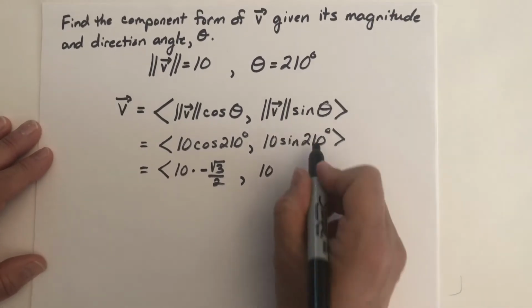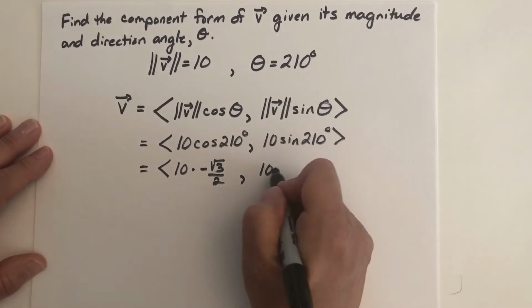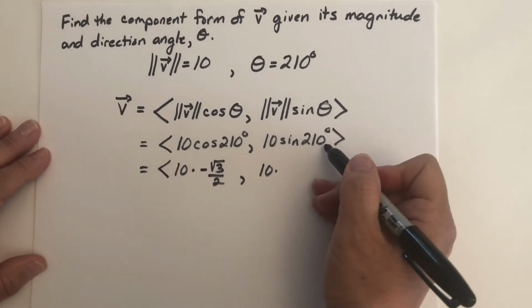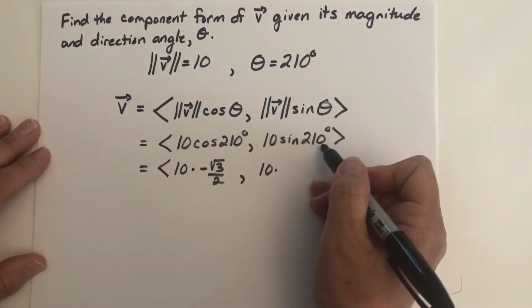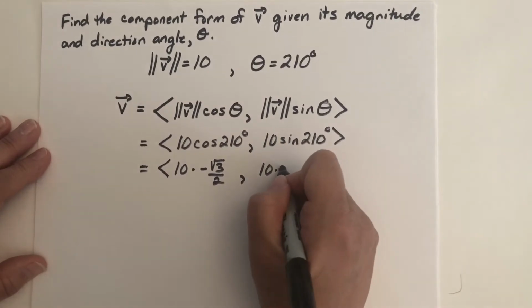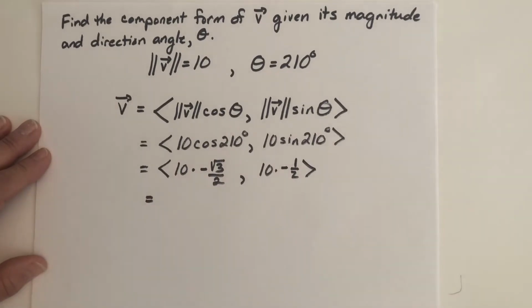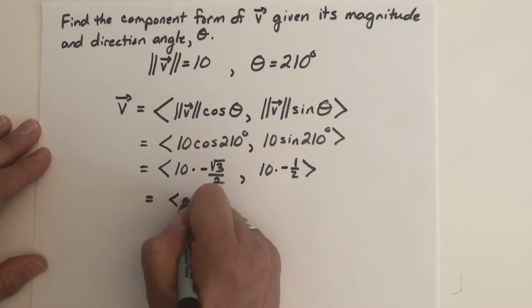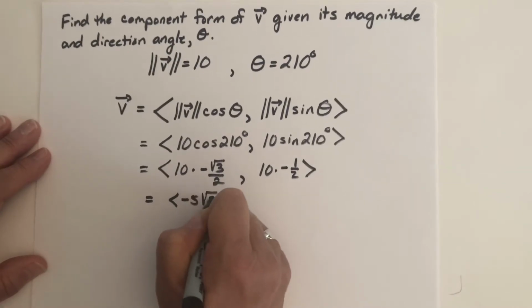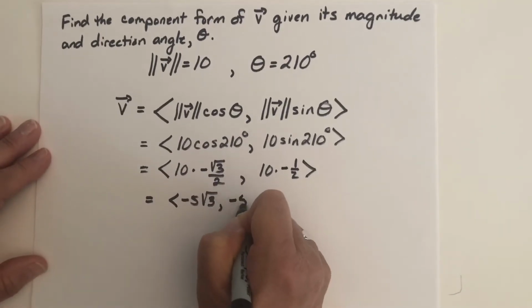And the y component, we have 10 times the sine of 210 degrees. Again, a third quadrant angle, and the sine is negative in the third quadrant. Reference angle is 30 degrees, so we have negative 1/2. So the component form of the vector described is negative 5 square root of 3, negative 5.